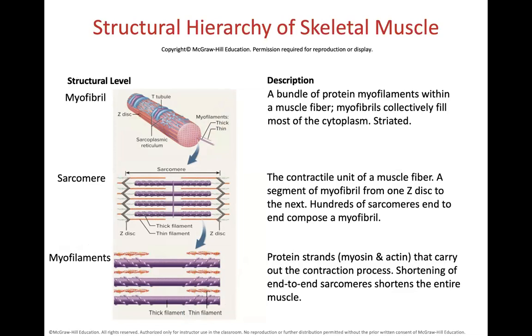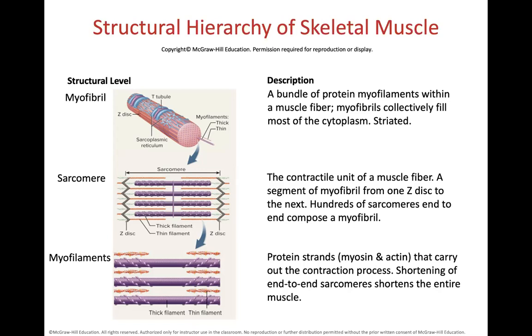So myofibrils are essentially a bunch of protein filaments packed together. Like I said, we have bundles within bundles within bundles, so these myofibrils are one of the last bundles that we're dealing with. Within these myofibrils inside a cell, you have a bunch of protein filaments. The protein filaments are what we're going to look at that are actually moving to contract the muscle.